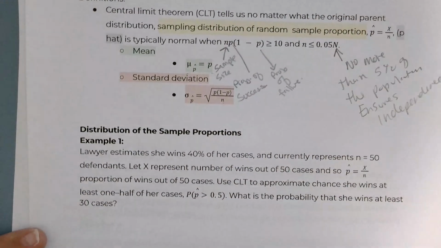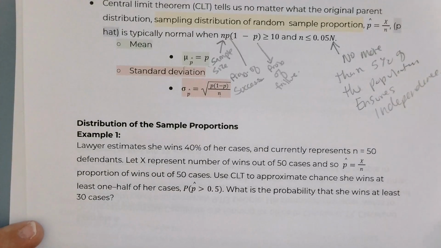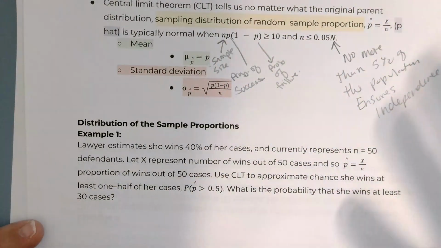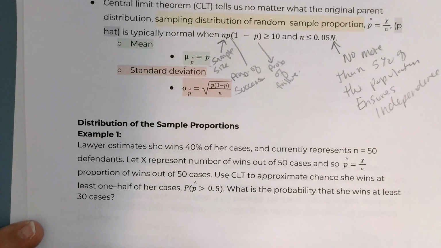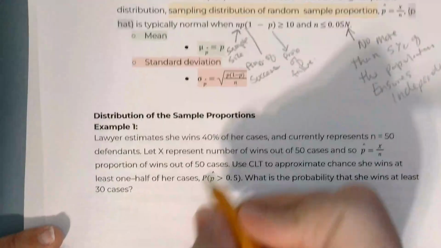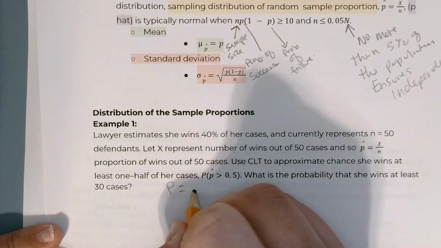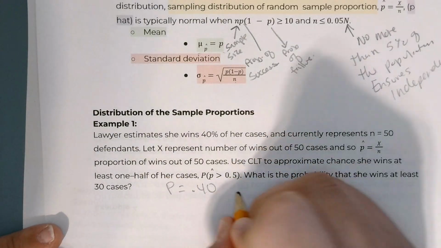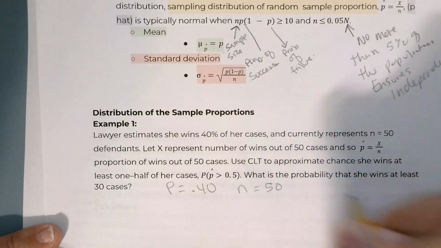So a lawyer estimates she wins 40% of her cases. So this is, she either wins or she loses. So we have two possible outcomes. So P, probability that she wins, is 40%. She currently represents 50 defendants.